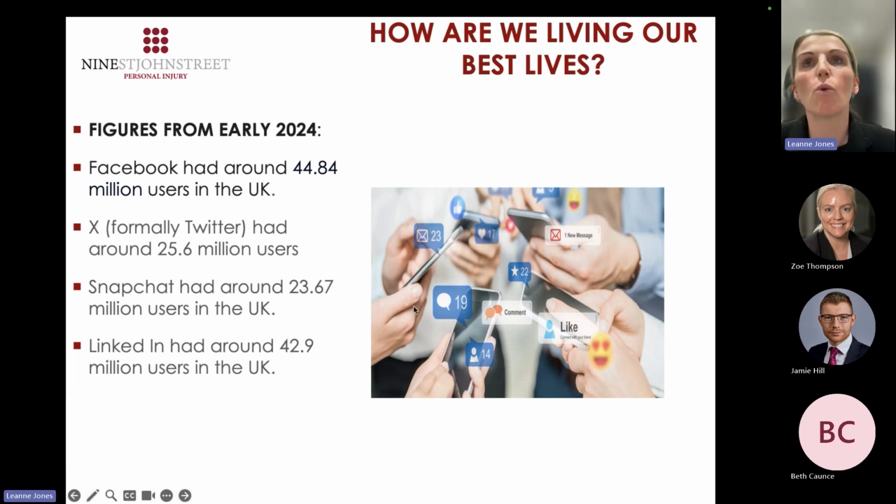So we'll all be familiar, on one platform or another, with what social media is and how it's used. But just by way of comparison between the various sites or platforms, these figures are from early this year, and they give you an insight, looking down those figures, into the sheer volume of people in the UK that are using the various social media platforms.